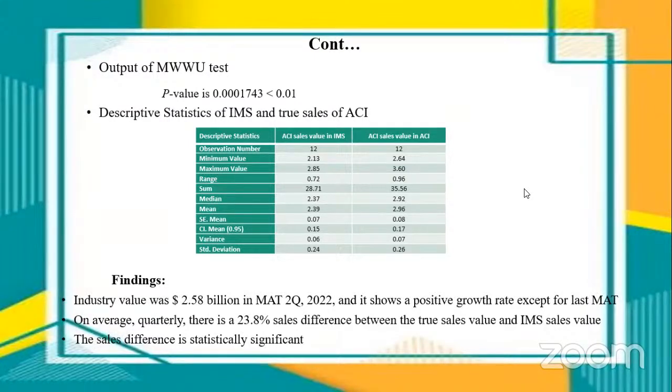IMS value for Bangladesh, according to the IMS data, the industry value is 2.5 billion, but the study claims the actual sales or actual industry size is 23% or 24% higher than the IMS sales value.